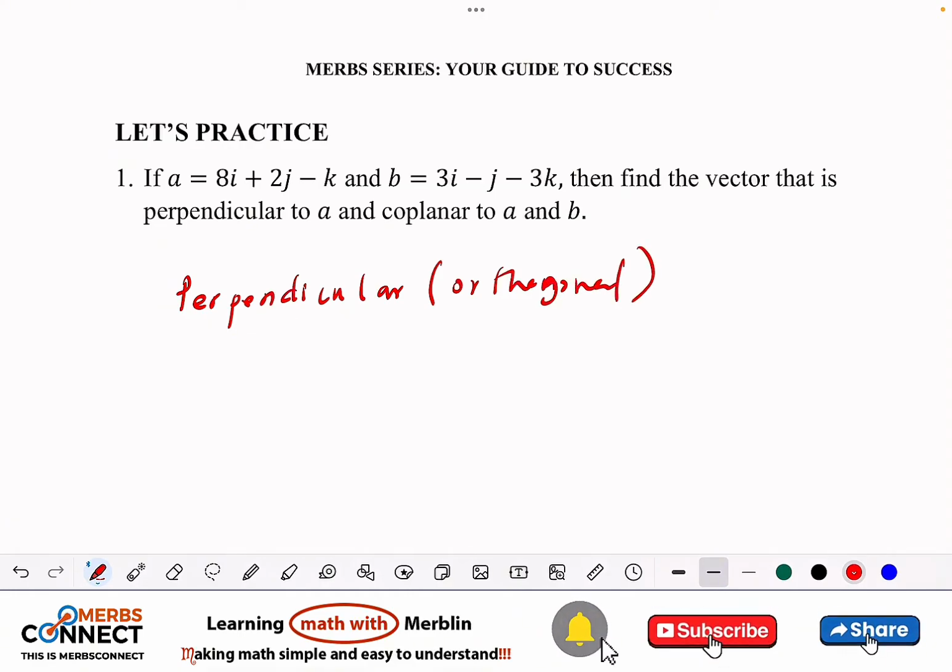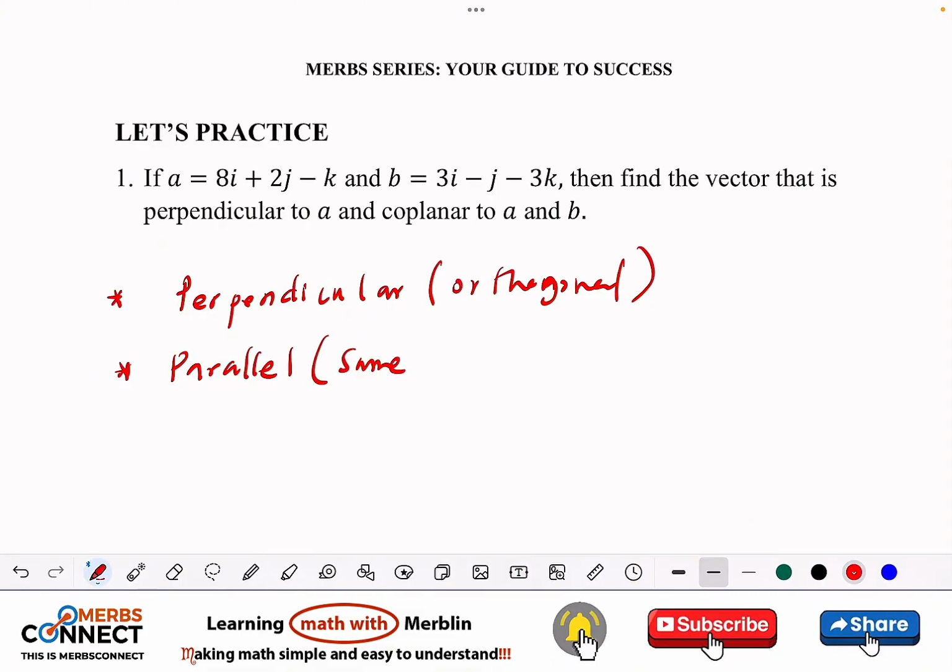These are two different words that you need to know. When you see these two, when you dot the vectors, it should be equal to 0. And then we just learned coplanar, so coplanar is, let's say they are parallel to each other, or they can be on the same plane.